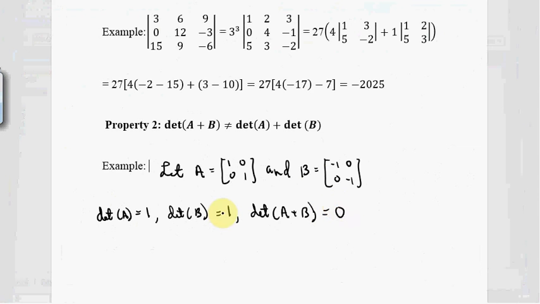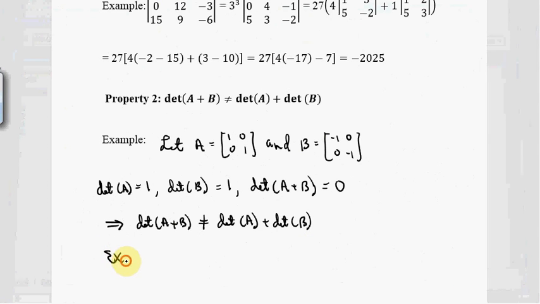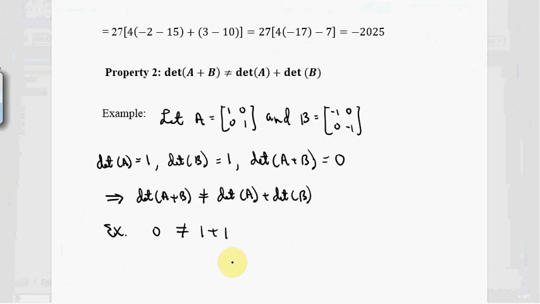Do you see that this implies that the determinant of A plus B cannot equal the determinant of A plus the determinant of B? For this example, how can 0 equal 1 plus 1? Okay. Just did a counterexample.